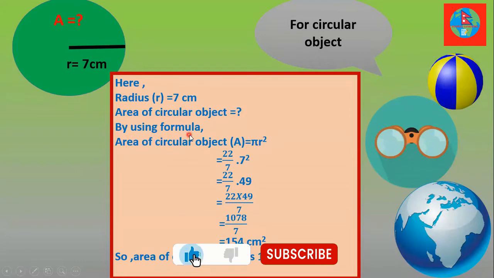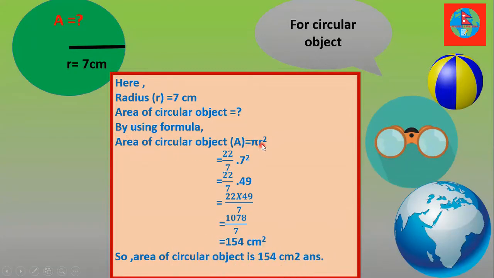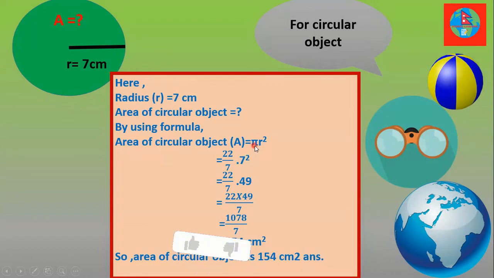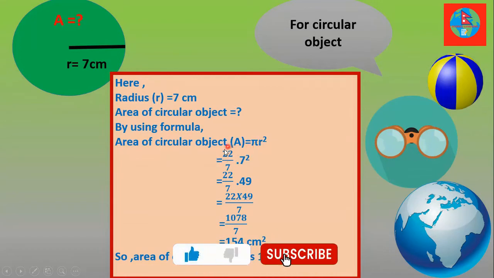By using the formula, area of circular object A is equal to pi r square. Students, what is the value of pi? Very good. Pi is always 22 upon 7.